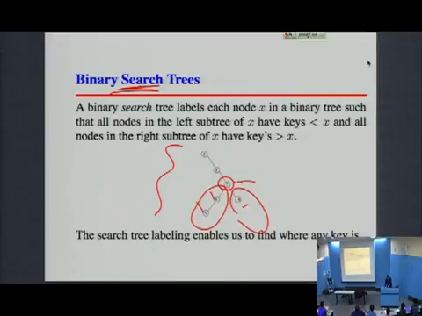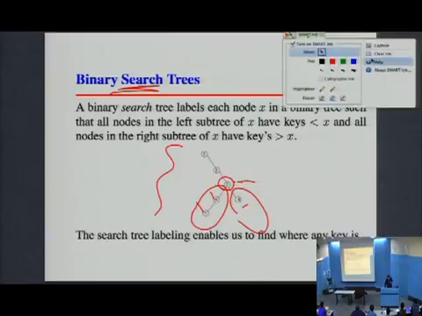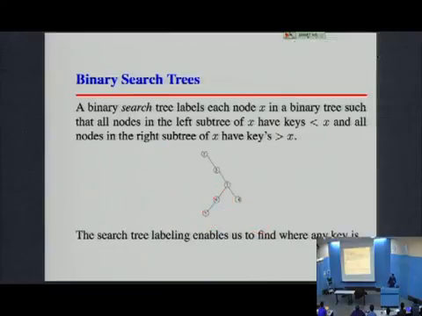Now, this labeling property is very interesting because it means that for any binary tree, there is exactly one way to label it with keys. Let's say I have a tree. I'm going to draw it. Here, to make it a little different, I'll make it weirder and put another node here.